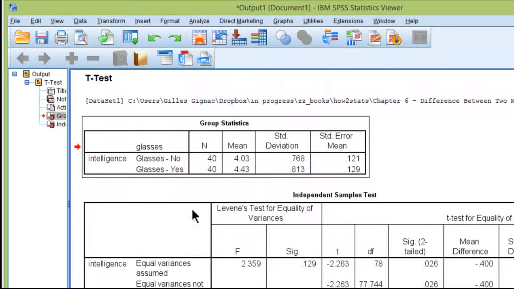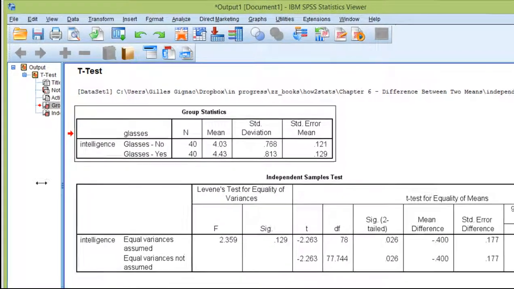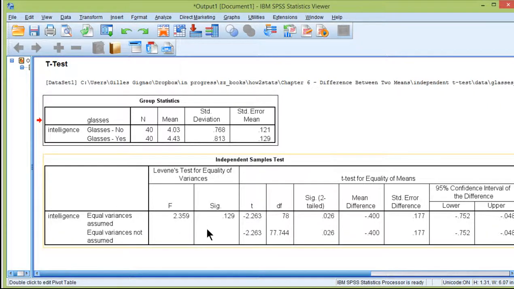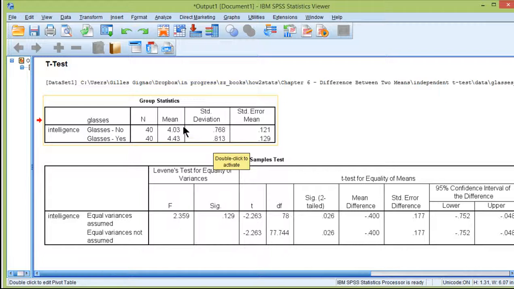I'm going to cover assumptions again more later, but I'll quickly state that the assumption of homogeneity of variance has been satisfied. More importantly, for now, the t-value is negative 2.263, equal variance is assumed, with 78 degrees of freedom, and the p-value is 0.026, which is less than 0.05. Because this p-value is less than 0.05, I rejected the null hypothesis of no difference between these two means.